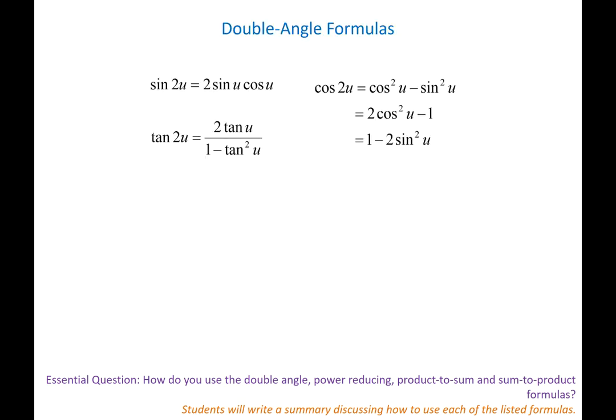So these are the double angle formulas. I believe they're typed there for you, aren't they? And they're also on your pink sheet, so you can reference your pink sheet, you can reference your notes, but the pink sheet has all of them together. They aren't always explicit about saying double angle.